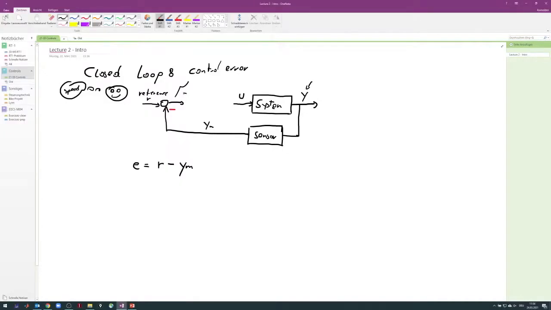Okay, and now we have the controller, right? And I'm losing a little bit of space. What the controller is doing, it takes this error and generates, for example, the gas pedal position that we would like to have. And then we have the actuator, which could be an electric motor.